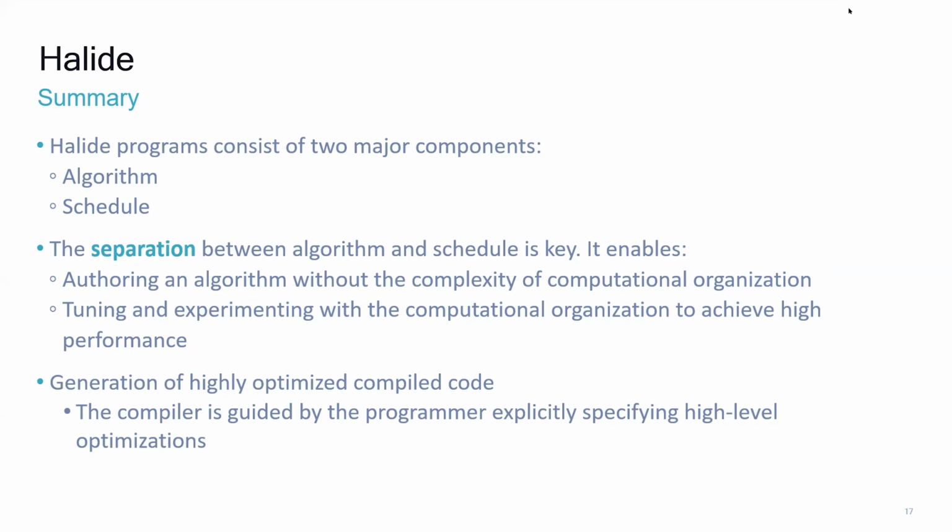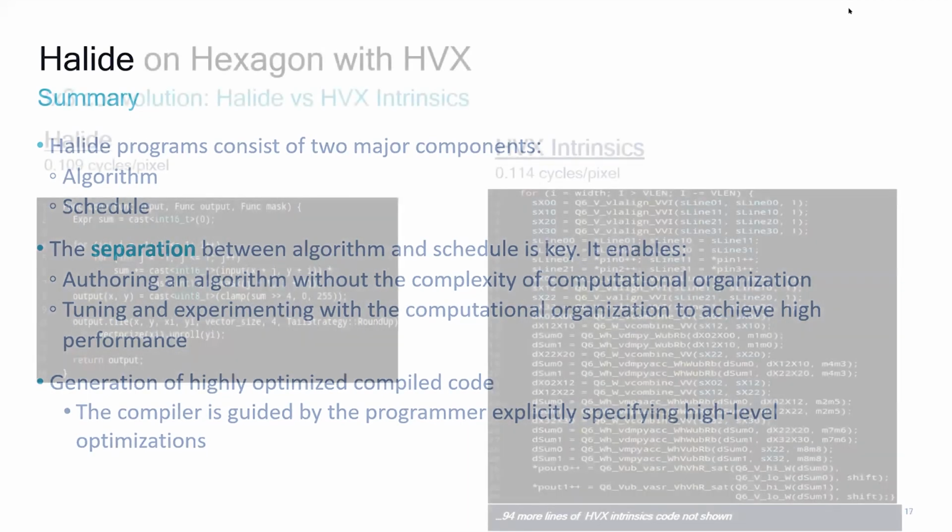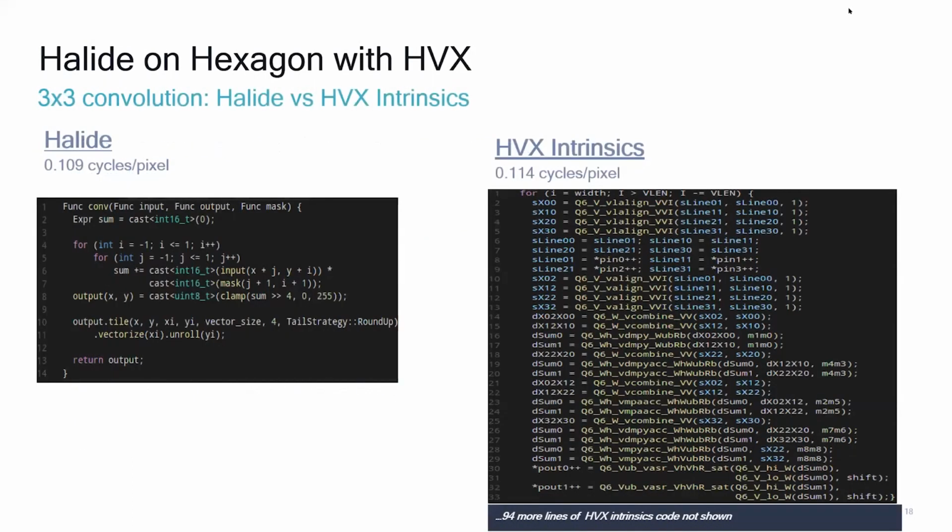Generation of highly optimized code for the architecture, the compiler team takes care of it. So this is an example. If you look at performance here, 3x3 convolution. On the right side, HVX intrinsics of Hexagon DSP are written by the people who designed those DSPs. So they knew the architecture in and out.